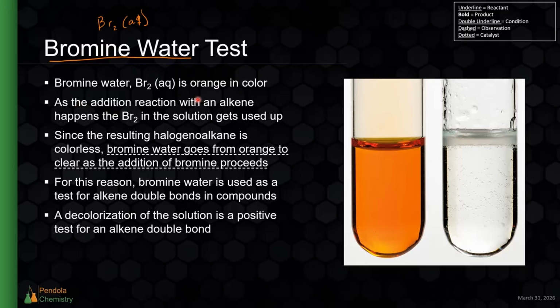If we undergo an addition reaction where the aqueous bromine is used up as a reactant, the solution is going to lose its orange color. If I grab an alkene and add it to my aqueous bromine, Br2 aqueous, I will actually bubble the alkene through it, but same difference.